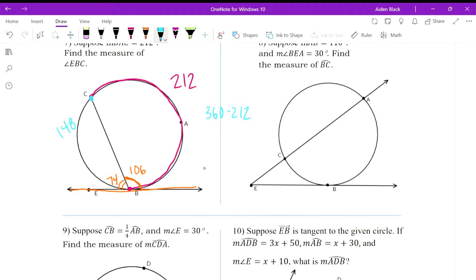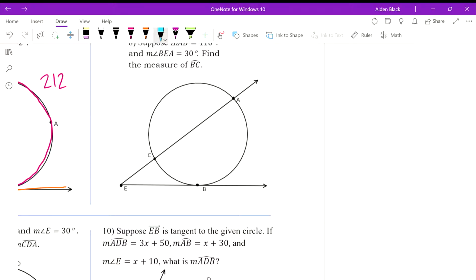So this BC should be 148, and you know that this angle created by the tangent and the chord is half of that arc. And it makes sense too because we got 74. 74 is half of 148.